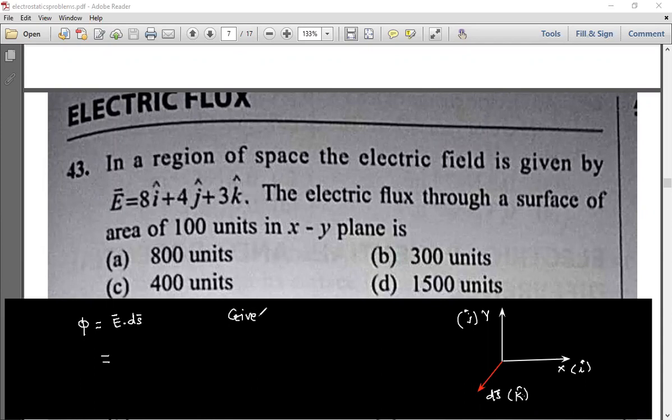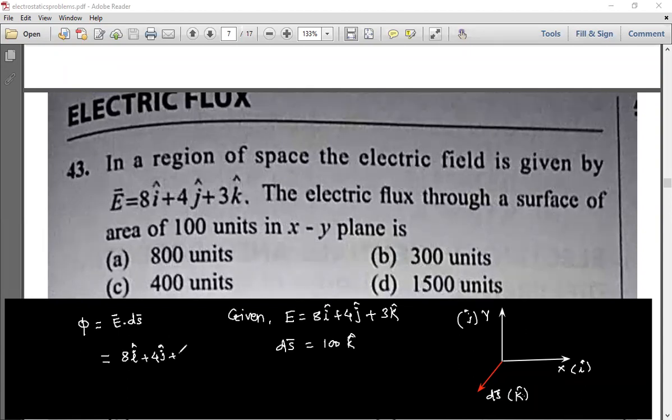Given is E bar is equal to 8 i cap plus 4 j cap plus 3 k cap. And next is ds bar, that should be perpendicular, so I'm writing here 100 k cap, because it should be along the z axis. So let's substitute: 8 i cap plus 4 j cap plus 3 k cap dot 100 k cap.